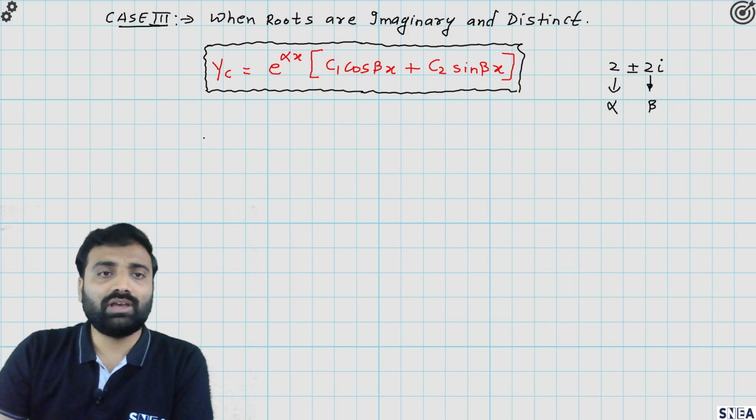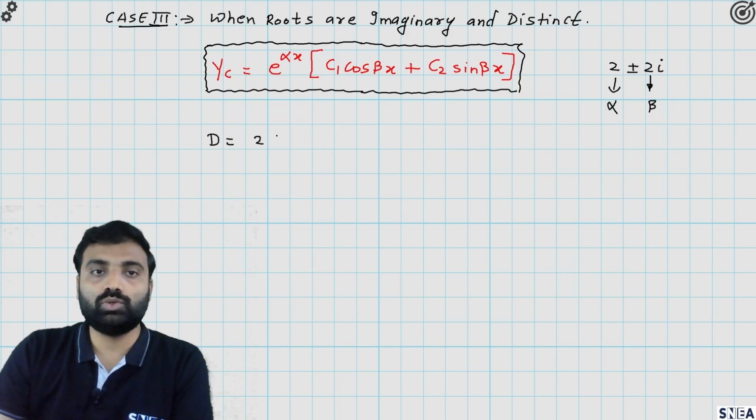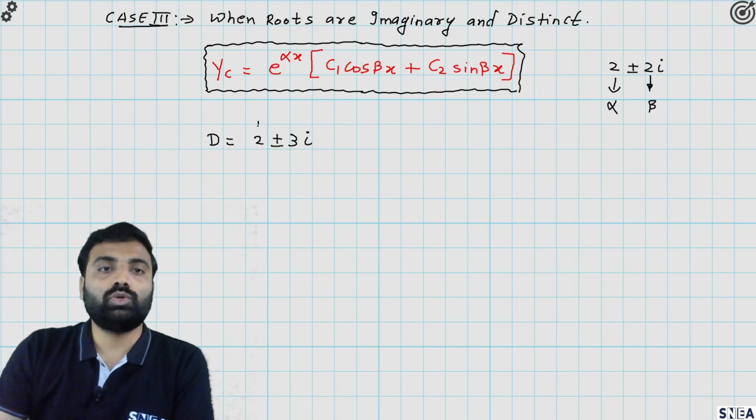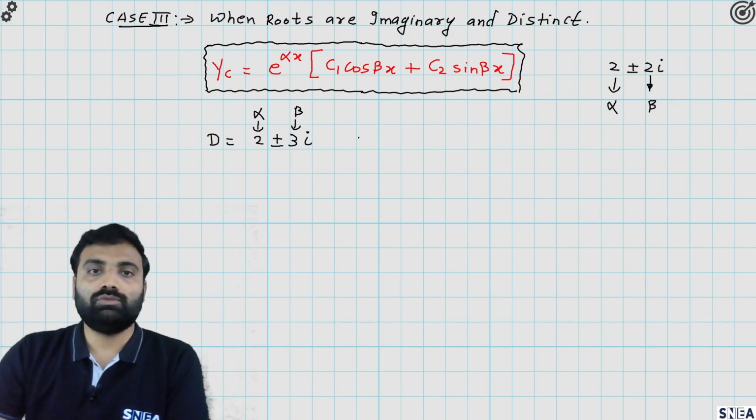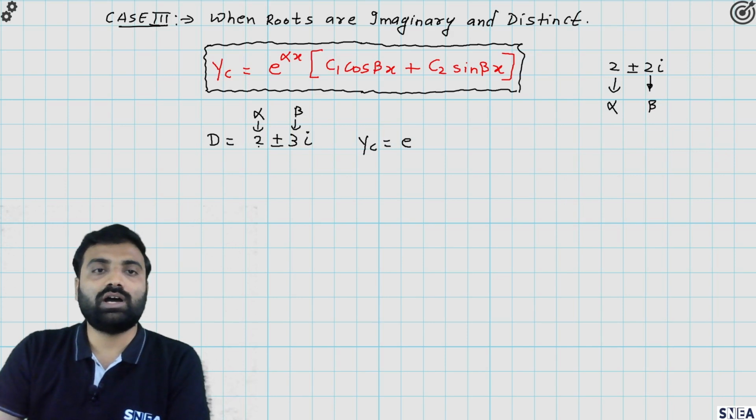Okay, so for example, अगर आपका root आया students 2 plus minus 3i, perfect. So 2 means what? 2 is alpha, 3 means what? 3 is beta. So the value of yc, students, it will be what? E raised to, देखो alpha x, what is alpha? Alpha is 2, so e raised to 2x.